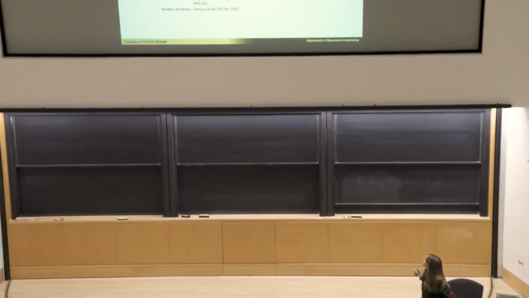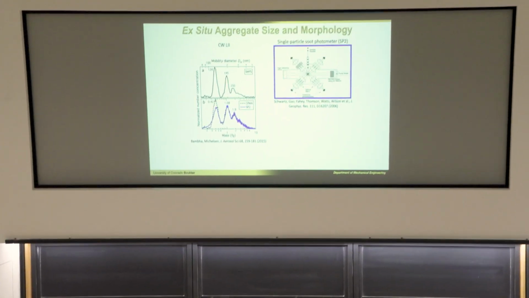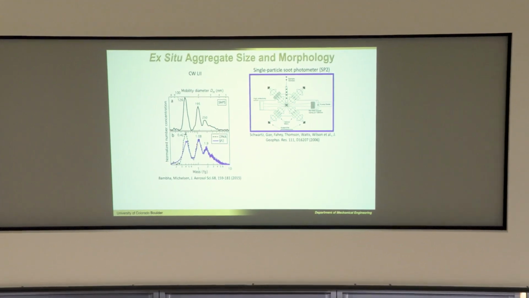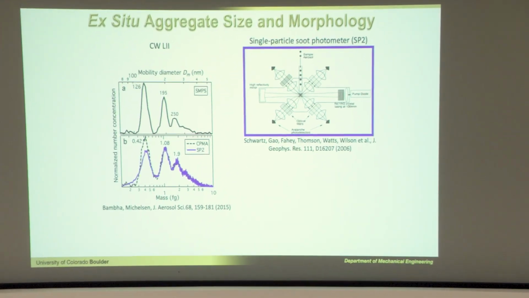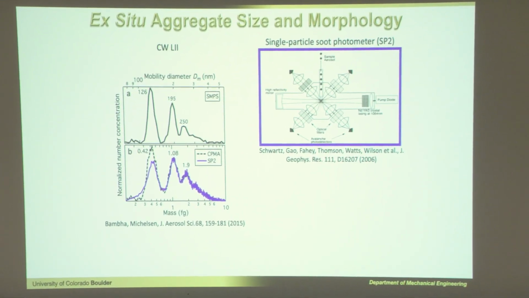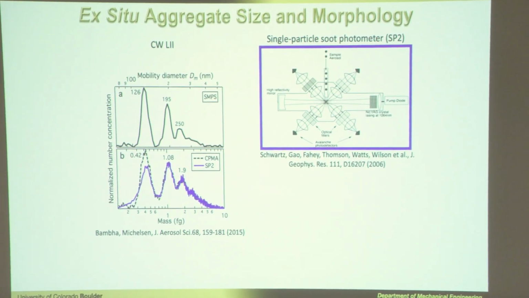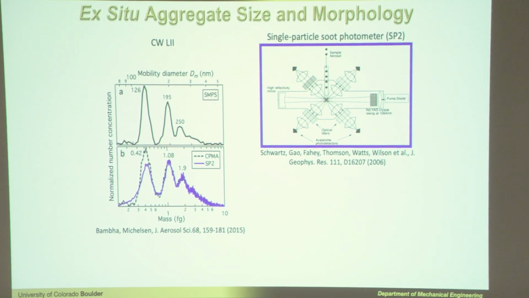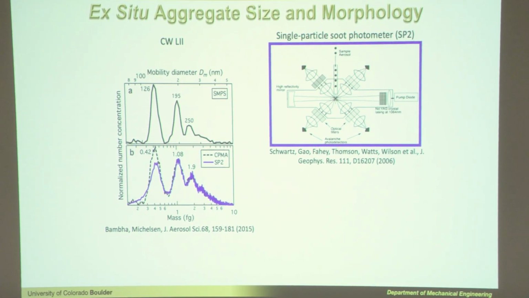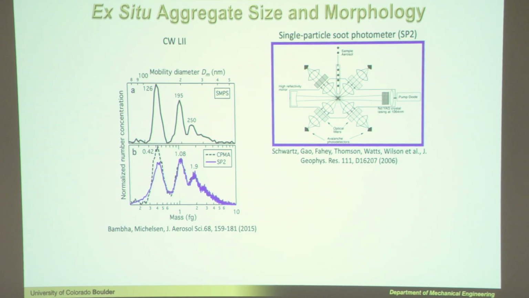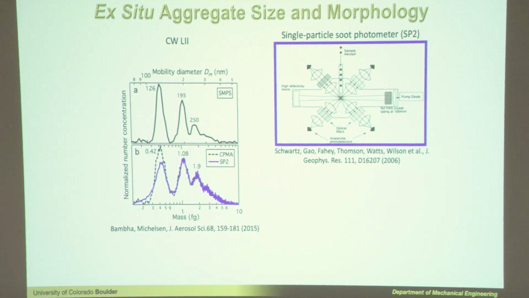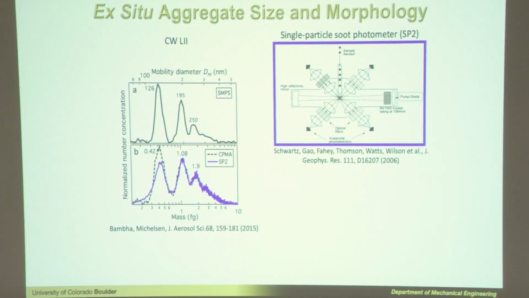Okay. This is a really cool technique, an instrument that atmospheric scientists have been using for years, and is kind of the workhorse for measuring black carbon in the atmosphere, trying to understand how soot is emitted and distributed in the atmosphere to understand climate change.